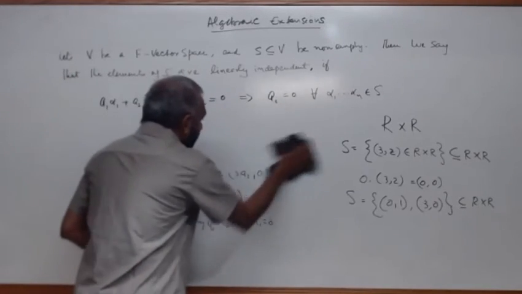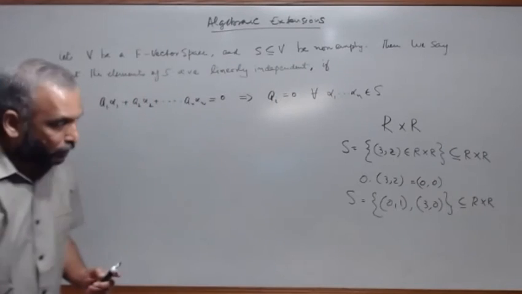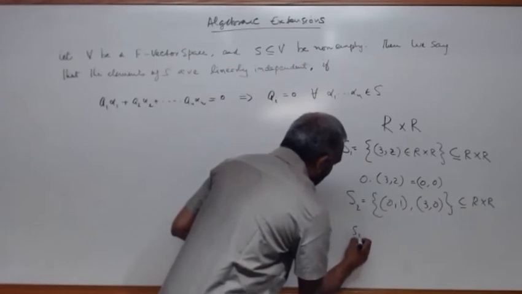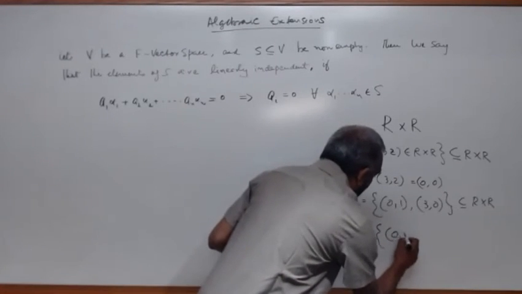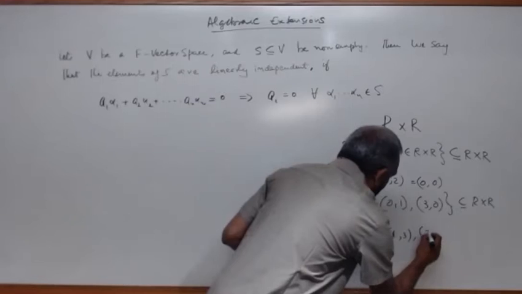I'll take one more example just to show that there is something called not linearly independent. For example, take S as 1, 3 comma 3, 9.